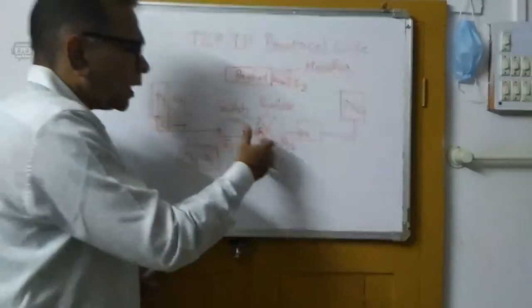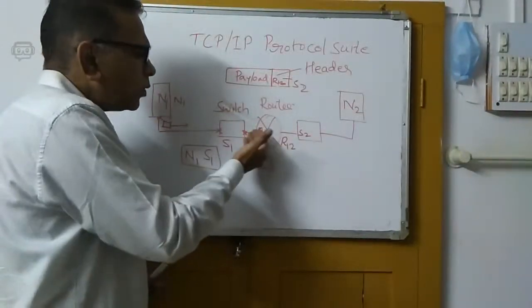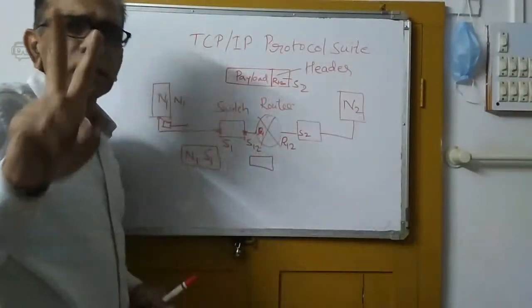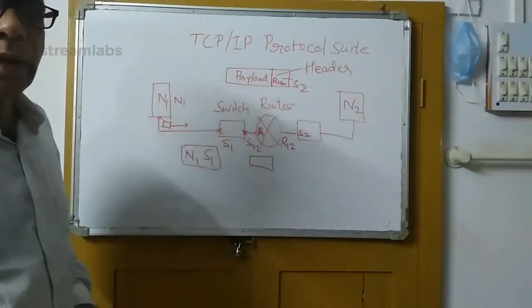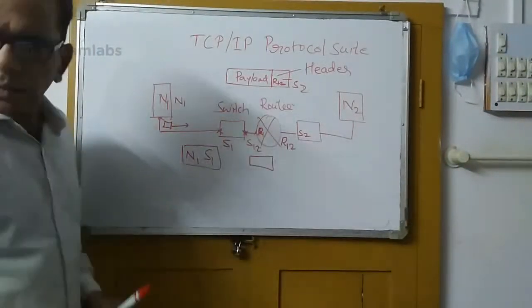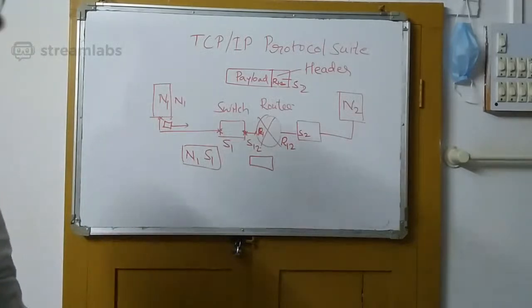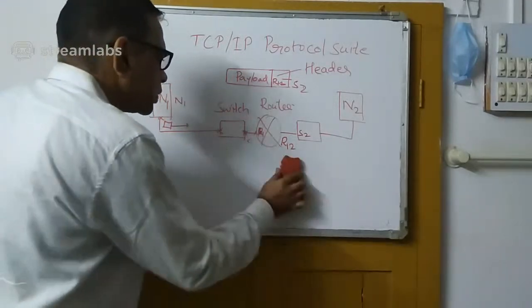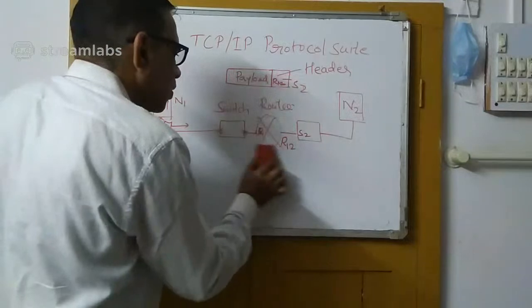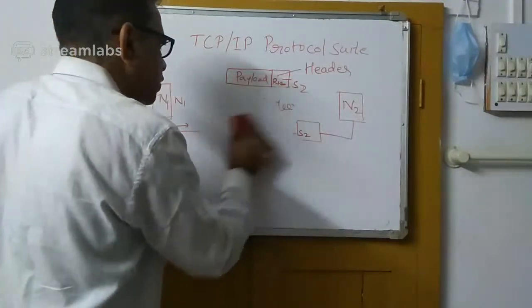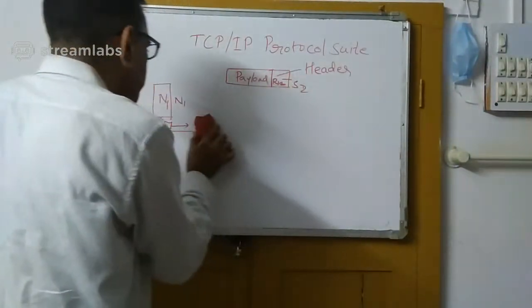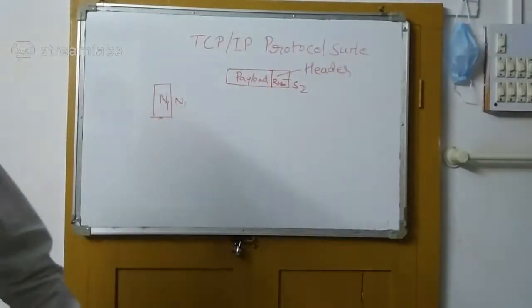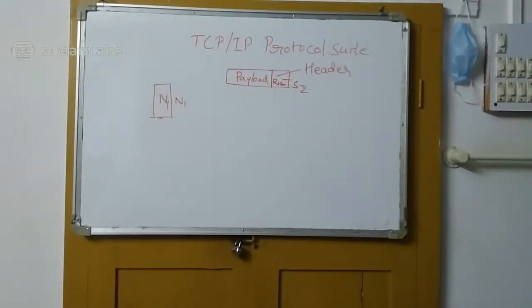Okay, so whatever the error control is, it takes care of all those issues between those two ends of the link. Now normally in the link layer, they use a technique of error correction or error detection.